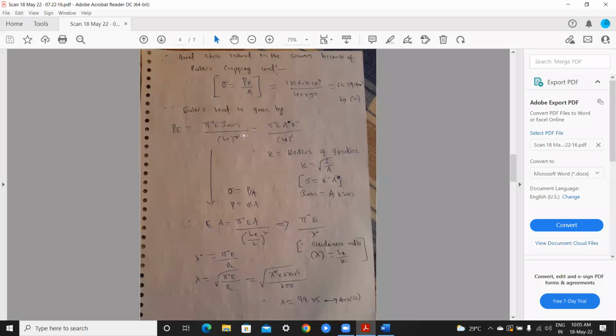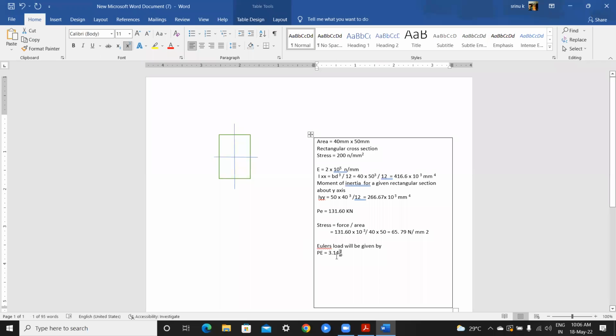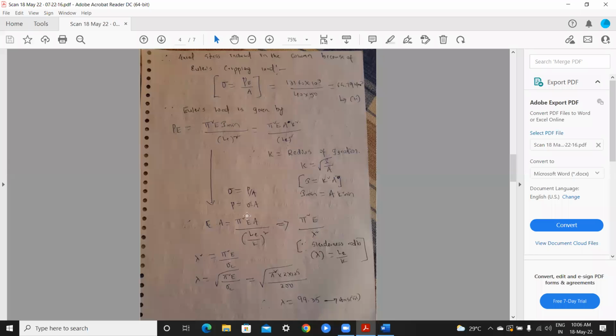Here I minimum is what we use in the slenderness ratio. I am directly writing pi square as 3.14, into E I minimum. E is the E value for us.